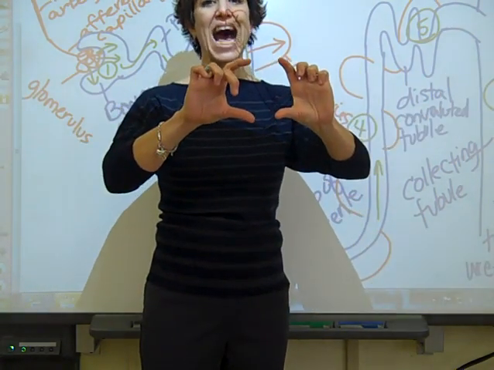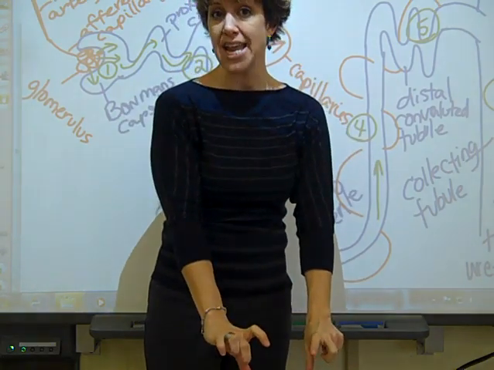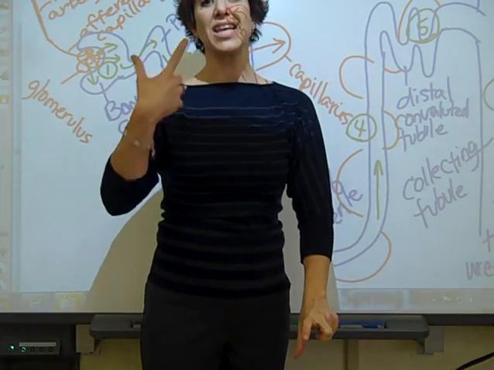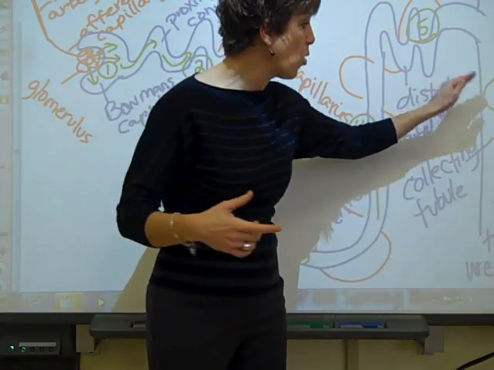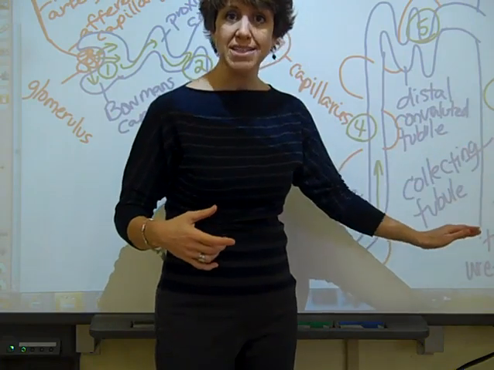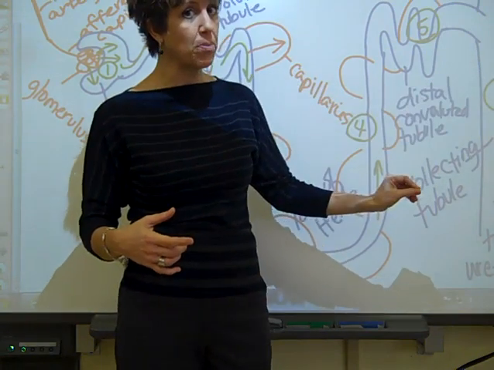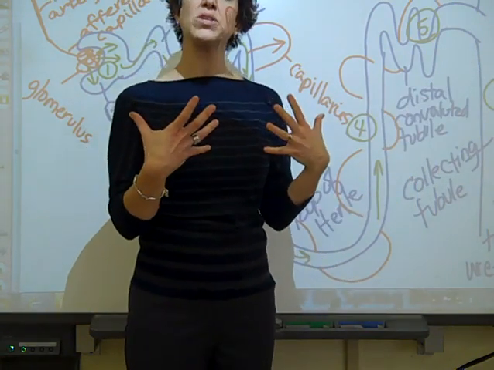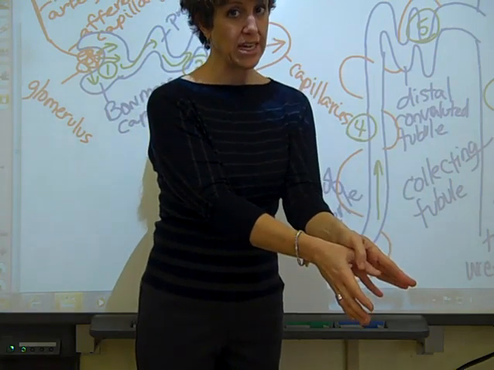And if there is not enough osmotic level, meaning your water level's gone down, your body signals antidiuretic hormone to be released. And antidiuretic hormone will open up aquaporins and cause more water to go from the filtrate into your blood, therefore allowing you to be more hydrated and your urine to be more concentrated.